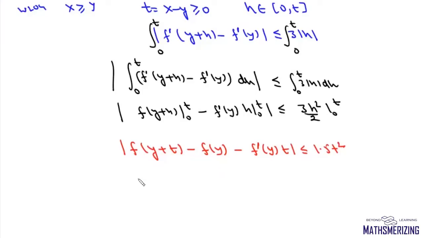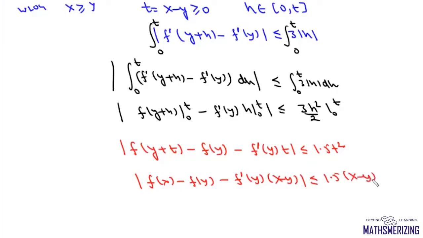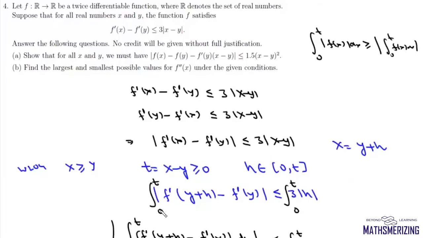If we put x minus y, it will be mod of fx minus fy minus f dash y into x minus y is less than or equal to 1.5 x minus y square, and this is what we needed to prove.